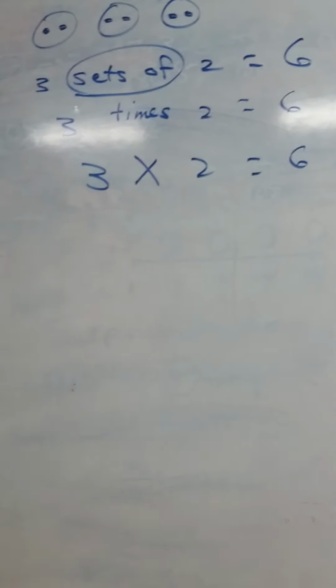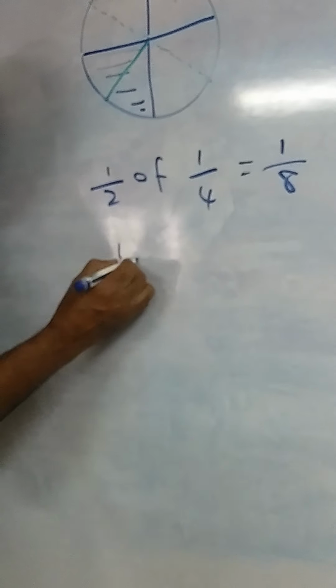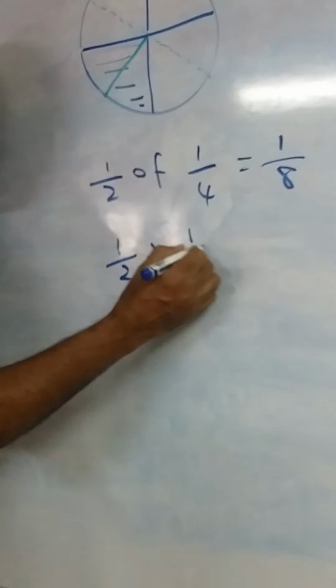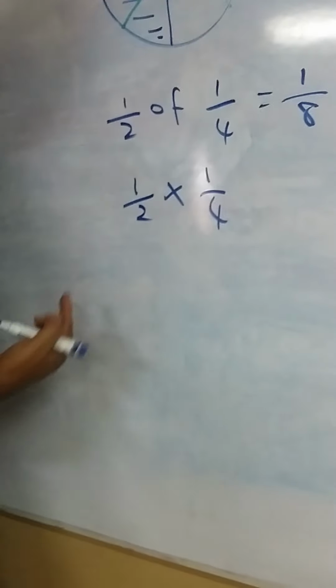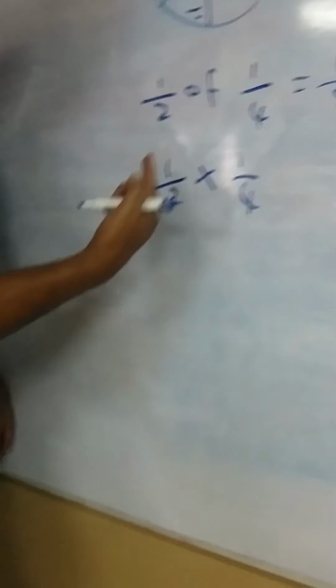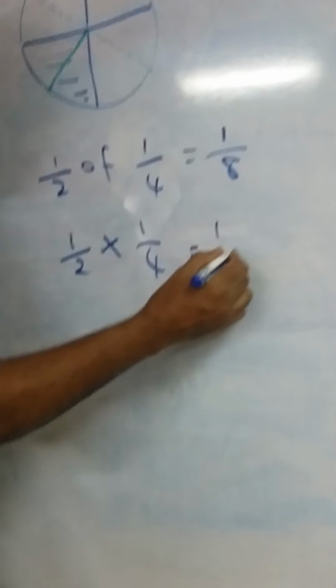So when we are looking at a half of a quarter, we are really saying a half multiplied by a quarter. Okay? And look at what happened. You multiply the numerator by the numerator, and we got the numerator of the answer.